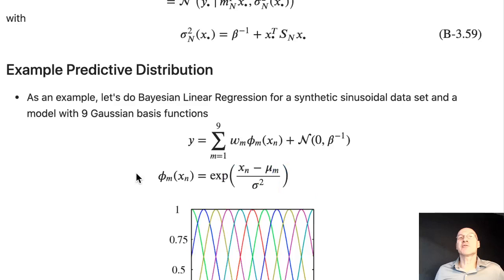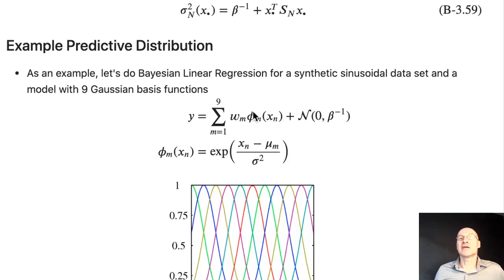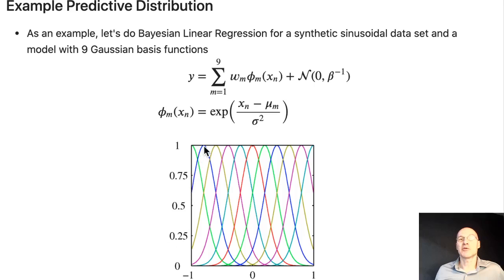I'm going to do linear regression in w, but now I'm going to have some basis functions of x_n. I'm going to use 9 of these Gaussian basis functions. So I have a 9-dimensional regression problem, and again we're going to assume this noise.